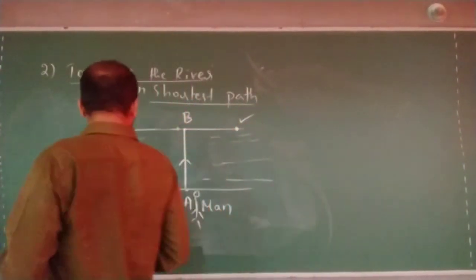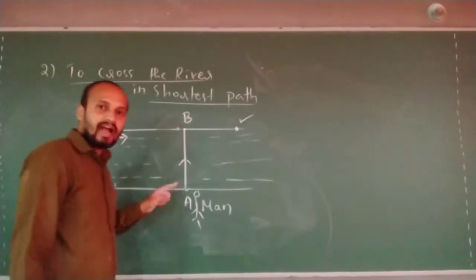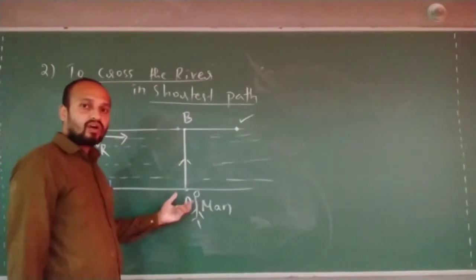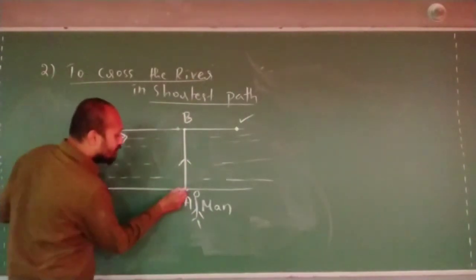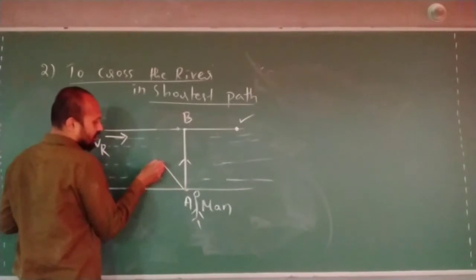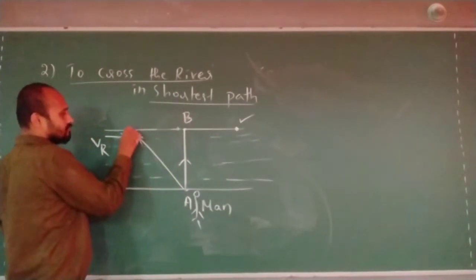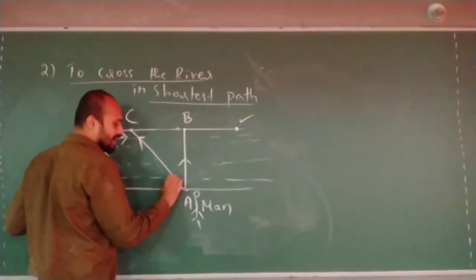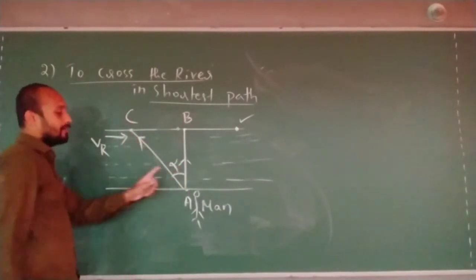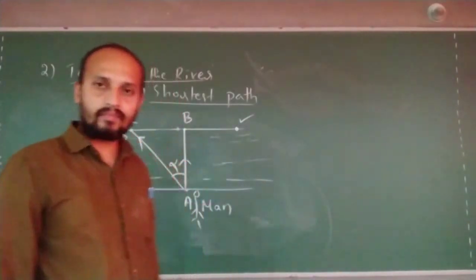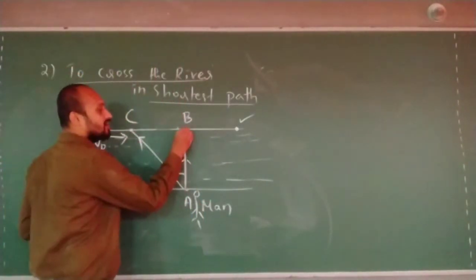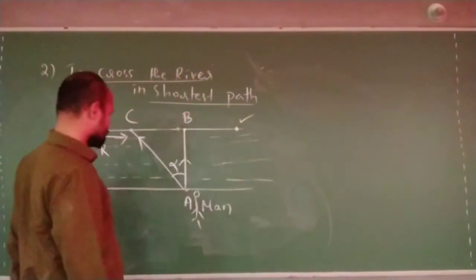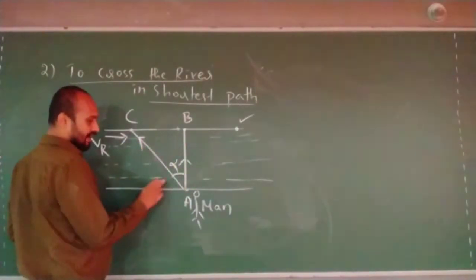So this guy decided he wants to make the shortest path. So he will not go like this, he will aim like this. He will try to move somewhere here. Let's say according to his calculation, he will try to move towards point C by making angle alpha, such that he is going to reach point B. What is his calculation?